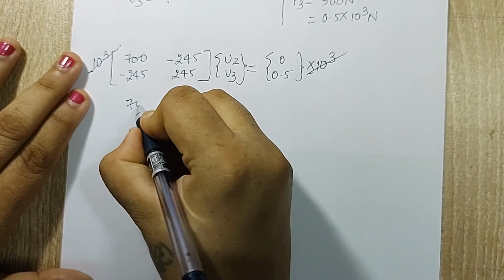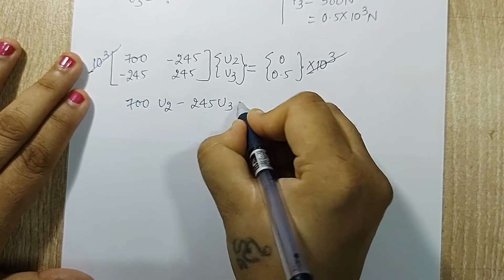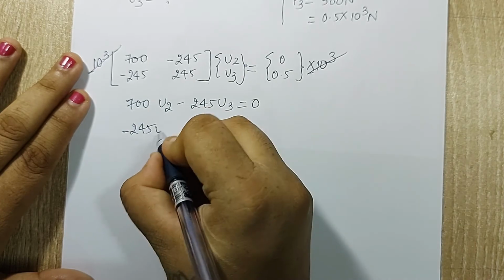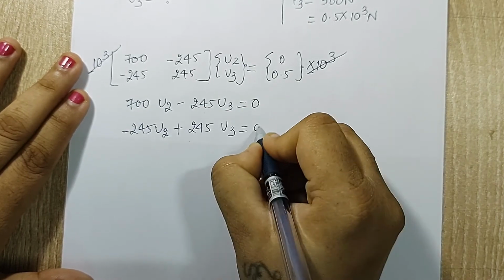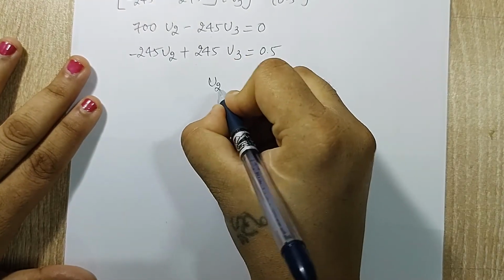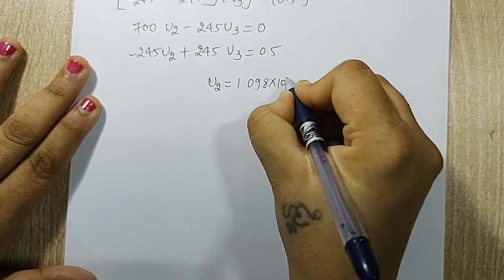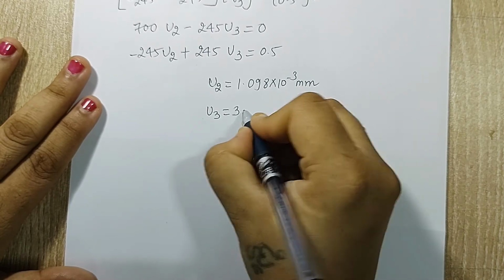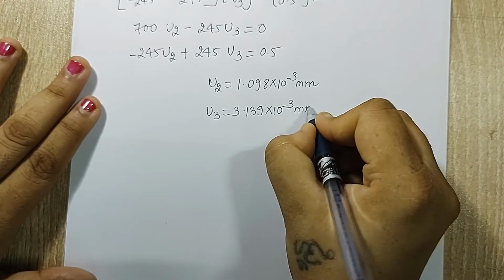When I multiply, I get 700 U2 minus 245 U3 is equal to 0, and minus 245 U2 plus 245 U3 is equal to 0.5. On solving these two equations, I get U2 as 1.098 into 10 raised to minus 3 mm and U3 as 3.139 into 10 raised to minus 3 mm.